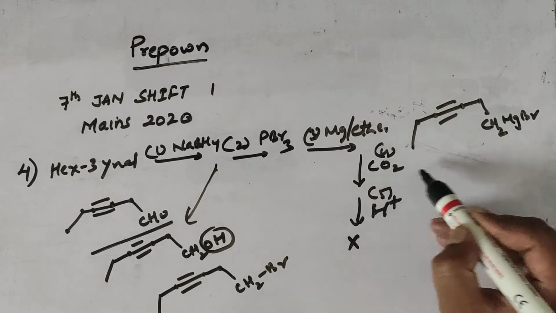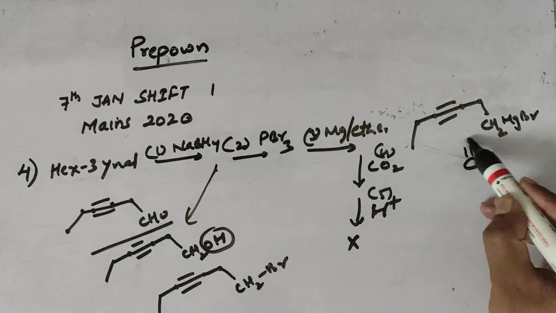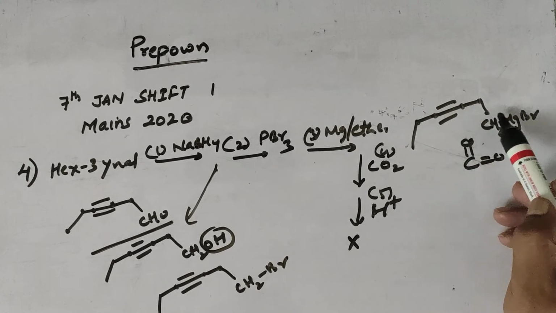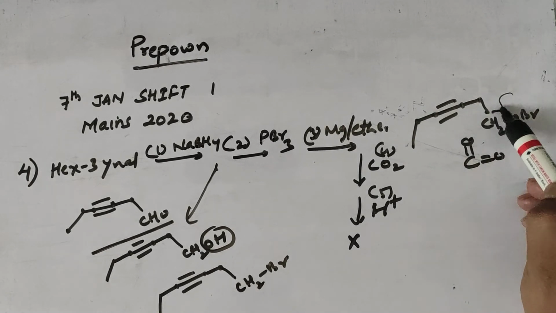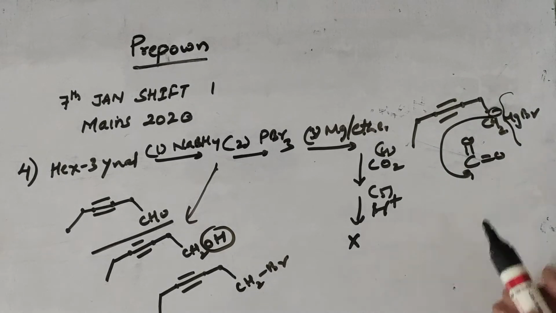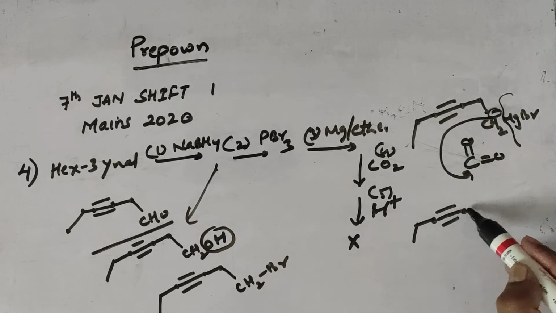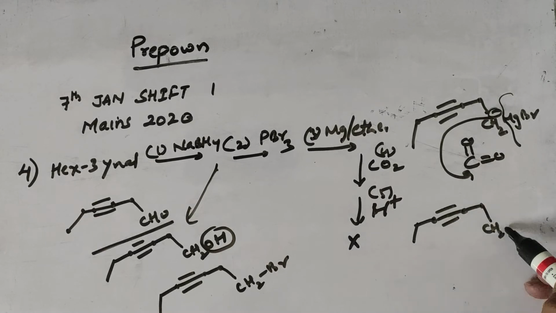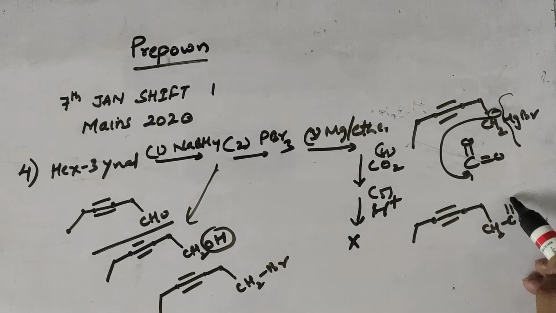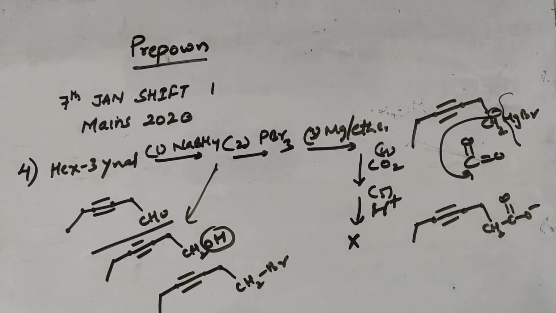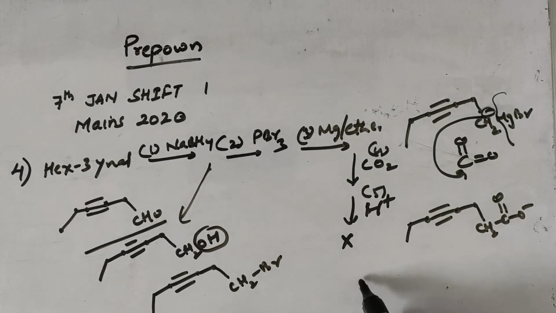In the Grignard reagent on reaction with CO2, CO2 is like a carbonyl group. So this Grignard reagent will break like this, it will produce CH2 minus, and it will attack at this position. So it is going to produce this, which becomes C double bond O and O minus. Addition of H plus will turn it into a carboxylic acid.